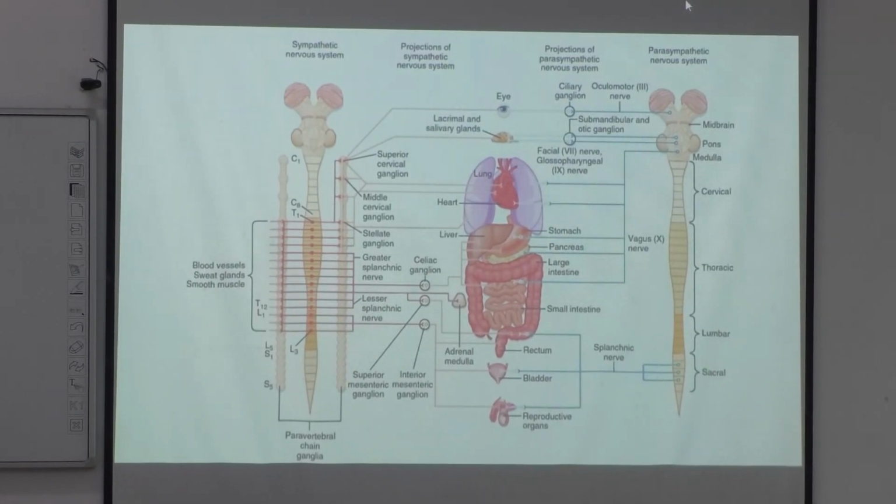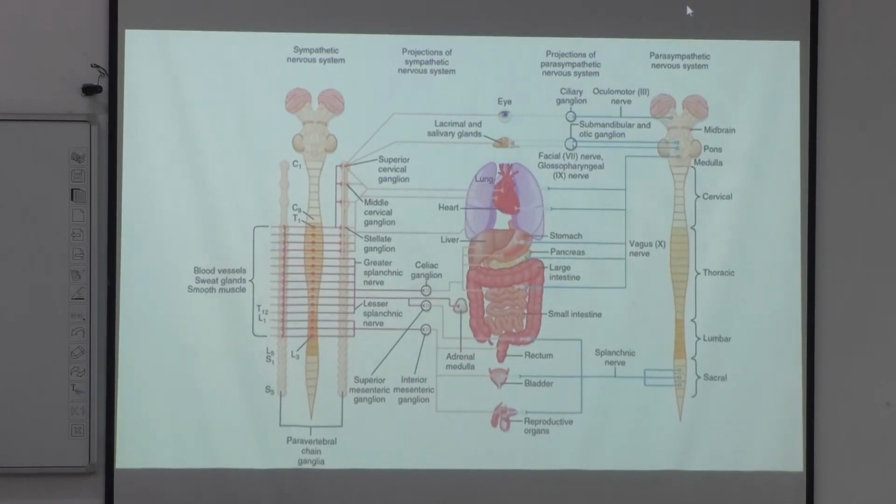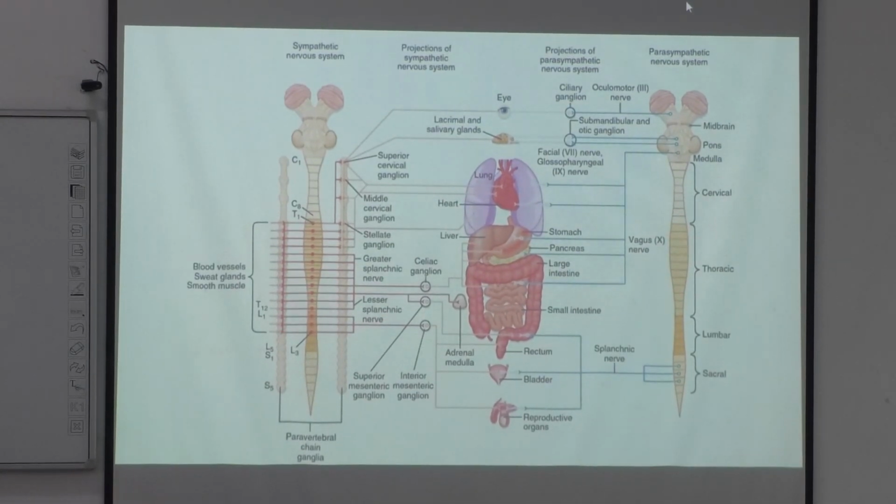So we just understood the basic structure. From any part of the CNS, which may be the brain or the spinal cord, what will arise in the case of the autonomic nervous system? The preganglionic neuron, which reaches a ganglion, and then from the ganglion the postganglionic neuron goes to the effector organ.